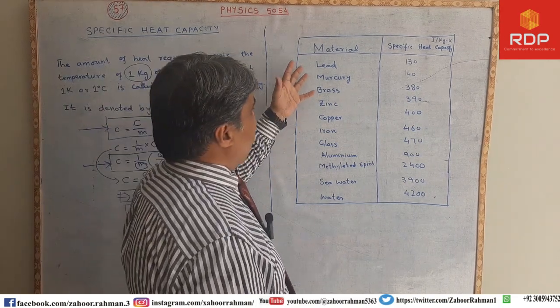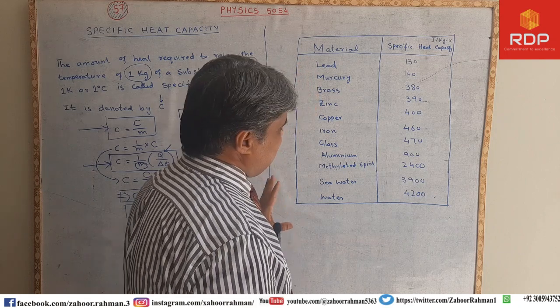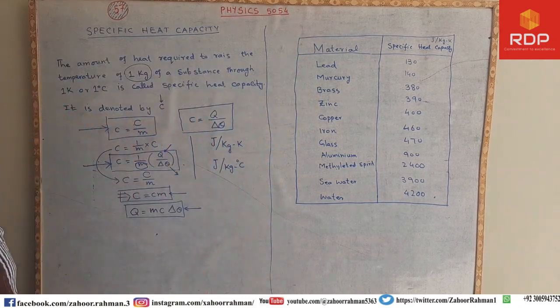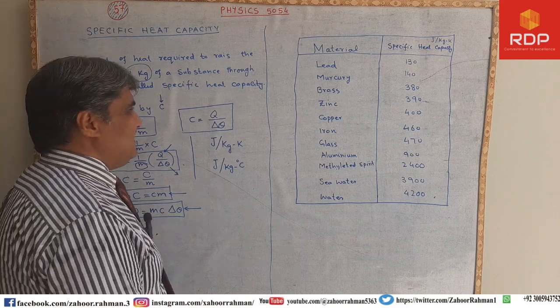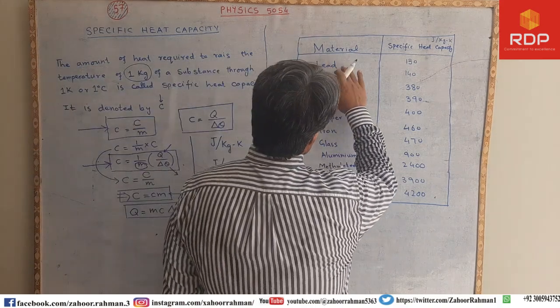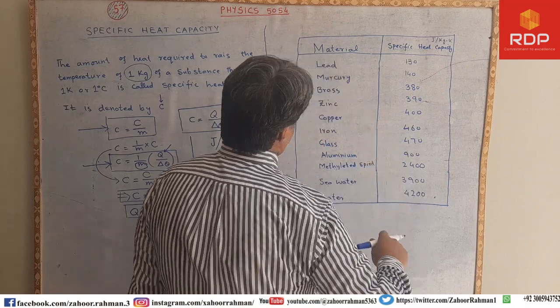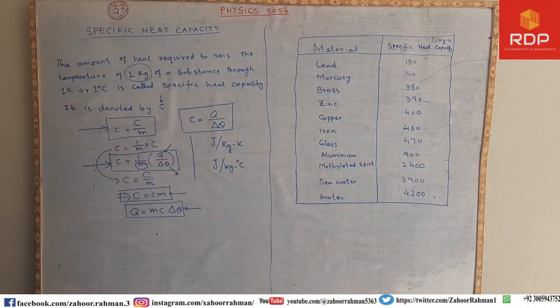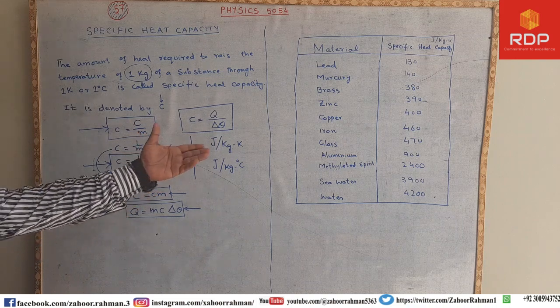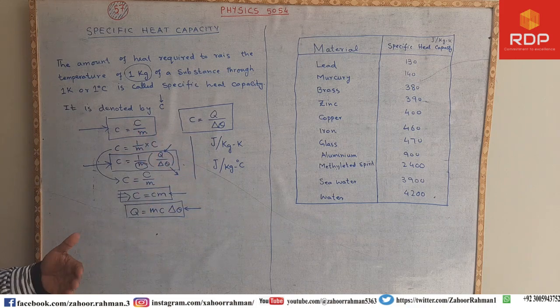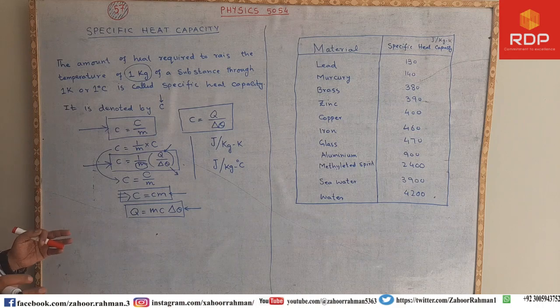Now we want to, and that is for a purpose, see the heat capacities of different materials. That is why we are specializing this heat capacity, because every material is having different amount of heat to be absorbed inside that object.